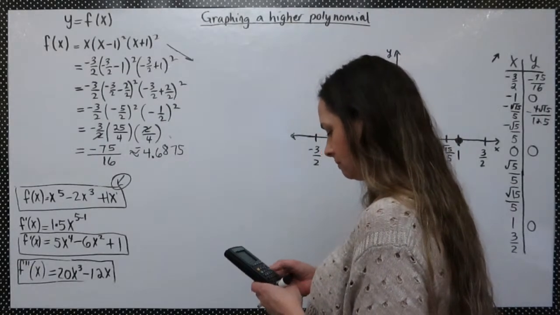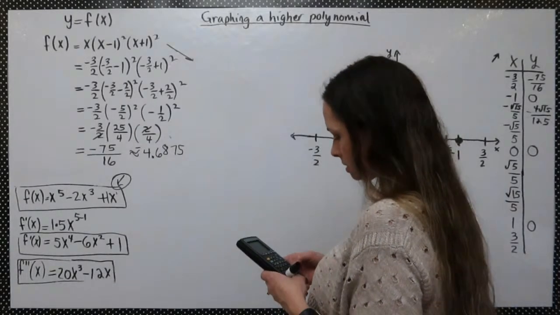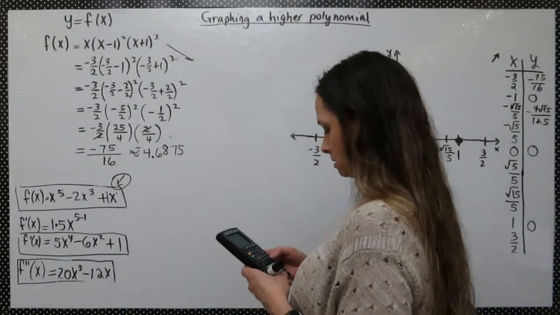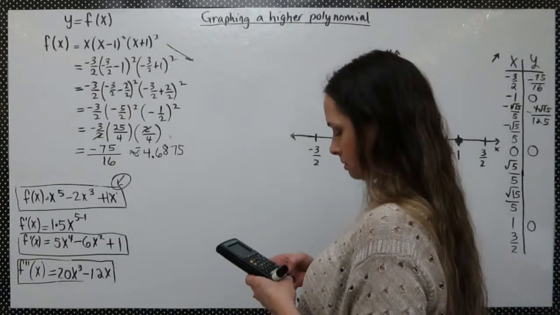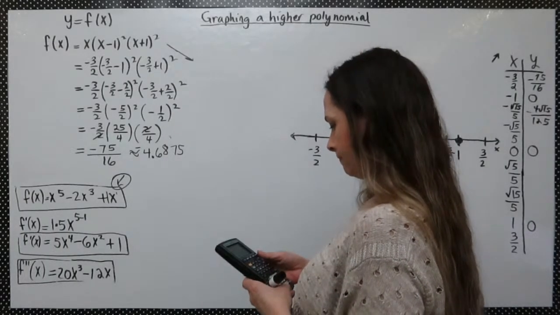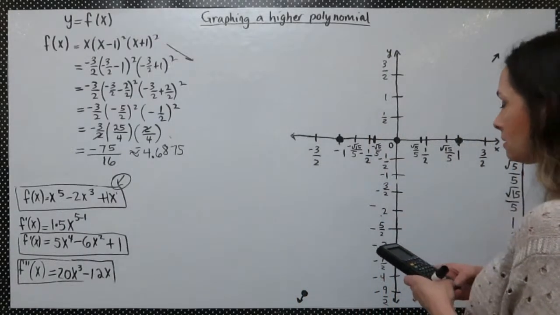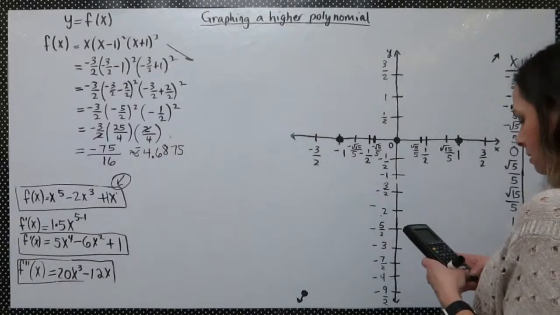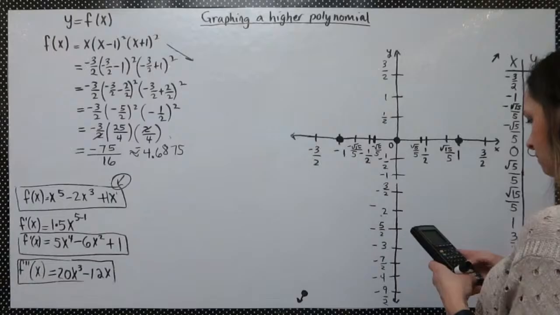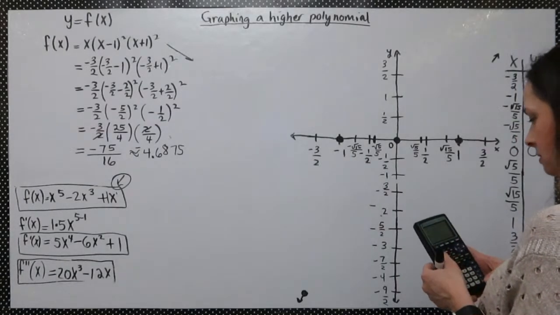So we have x to the 5th power minus 2x to the 3rd plus x. And then negative 15 divided by 5 stored for x.